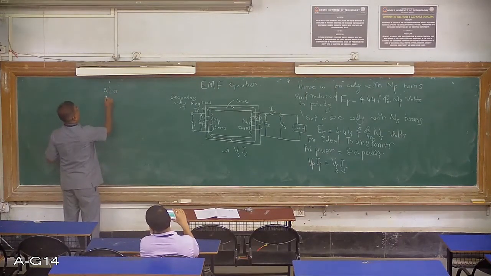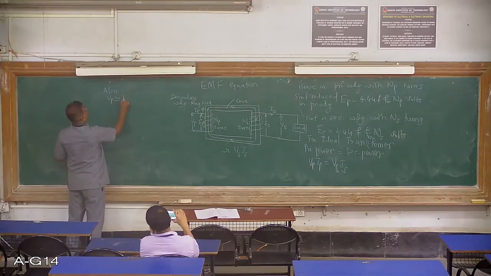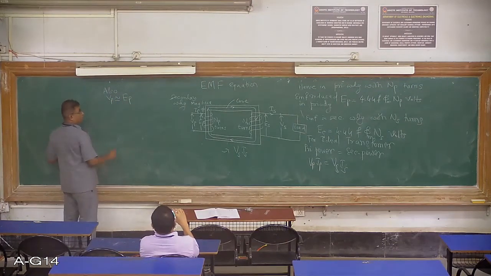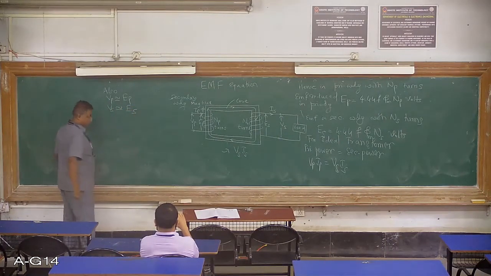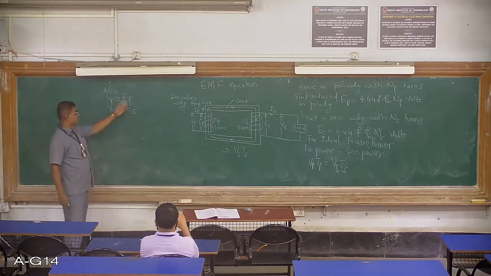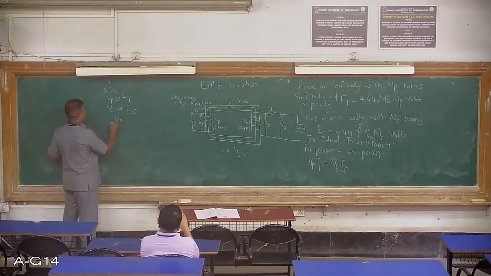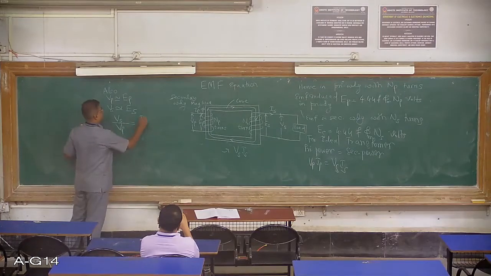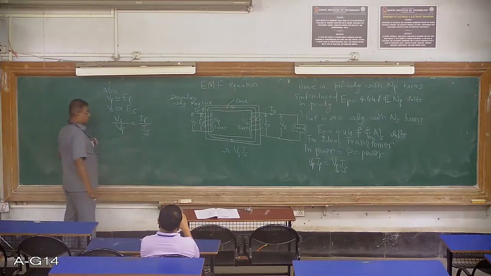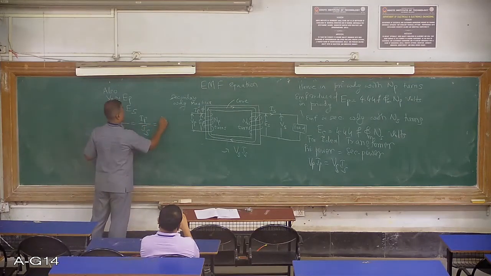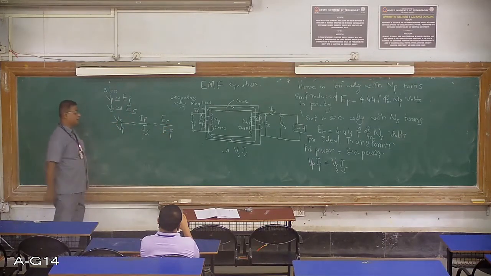Also, Vp is approximately equal to Ep in an ideal transformer, and Vs is approximately equal to Es. With these considerations, you can easily find that Vp by Vs is equal to Ip by Is, which is also equal to Ep by Es.